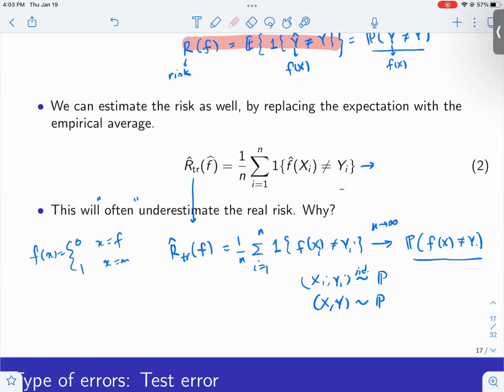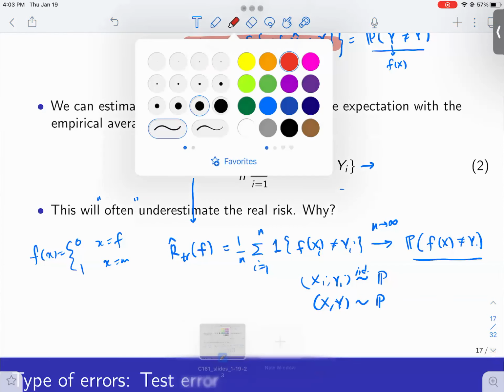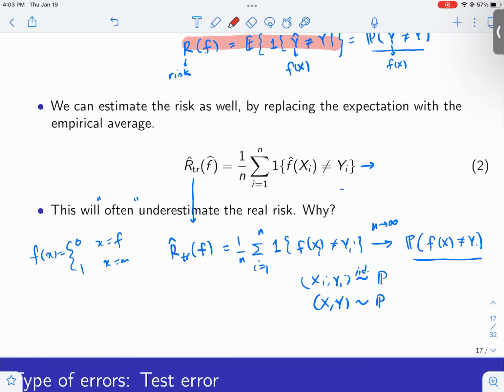If you remember, I can call this some Z_i. It's a binary variable, right? And if they are IID, this is an average, and by the law of large numbers it should converge to the expectation of Z_i. And this should be that.